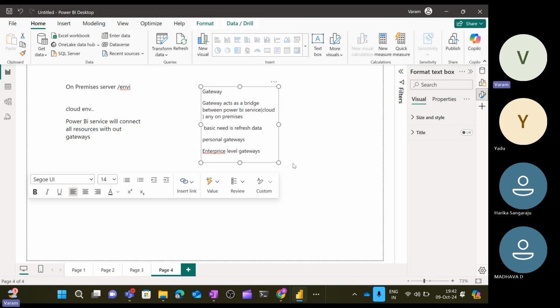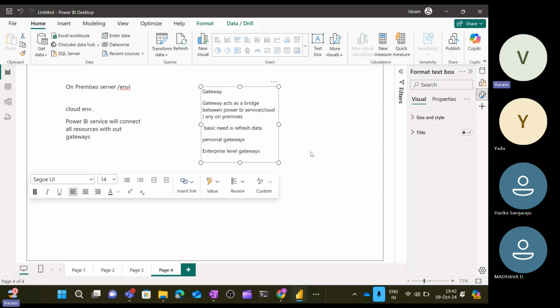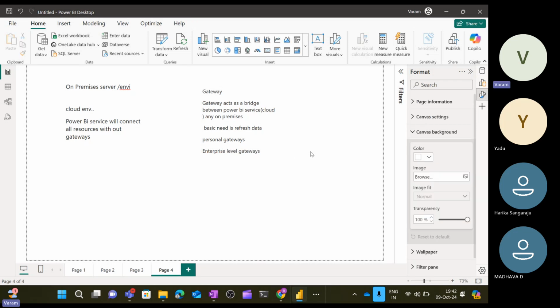This is the one thing, you are all the time connecting like 2 gateways or 3 gateways, 4 gateways. A personal gateway is like you are purchasing a bridge and you are working with that. And enterprise level, which is your organizational gateway, it will allow more.